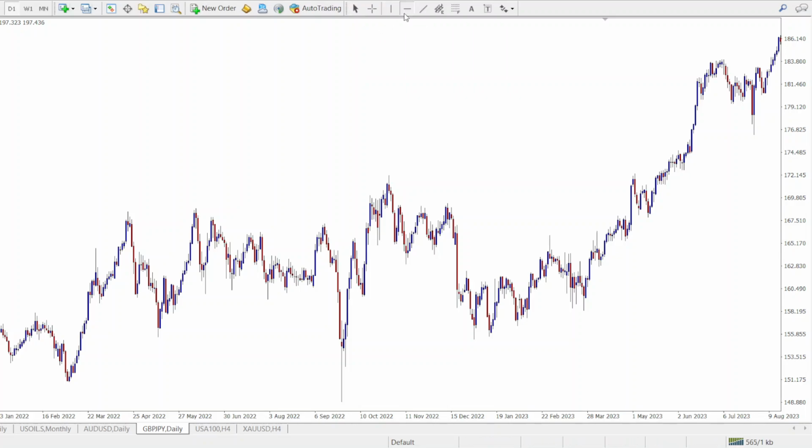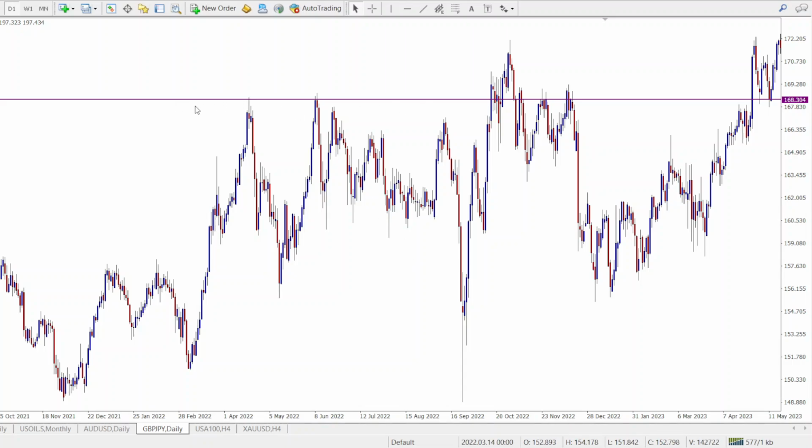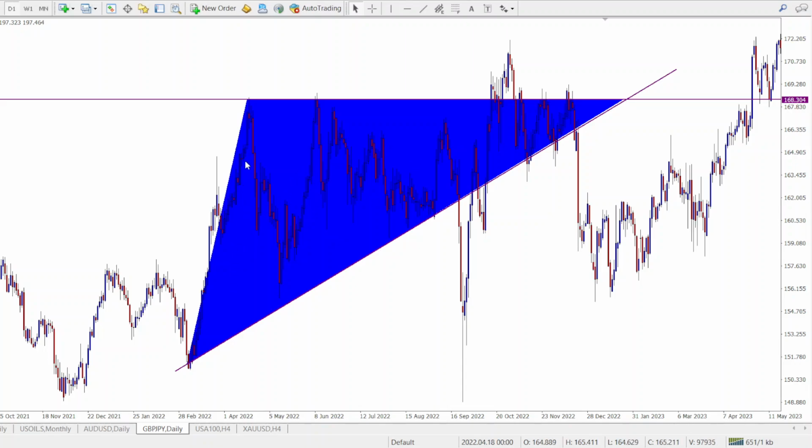All right, so can we see, an ascending triangle is marked by a level of horizontal resistance and higher lows. Let me insert a triangle. Can we see that we had horizontal resistance around here?